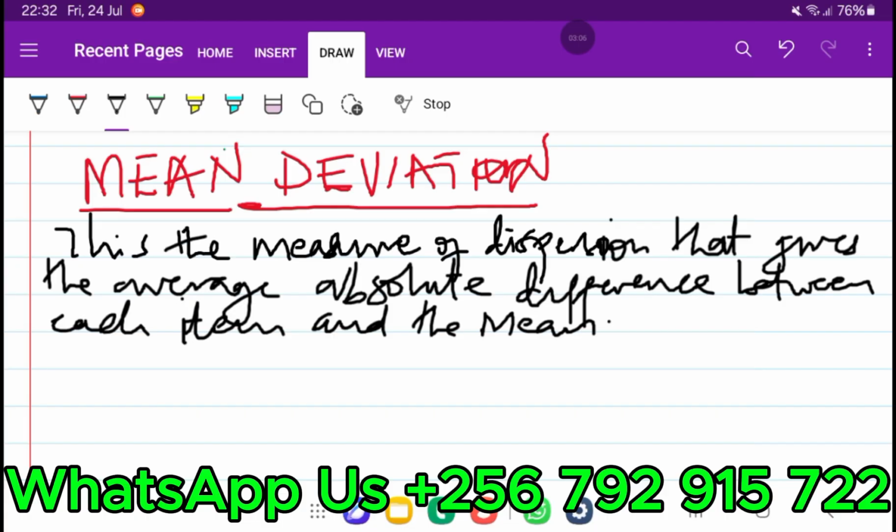So that's the definition for the mean deviation.